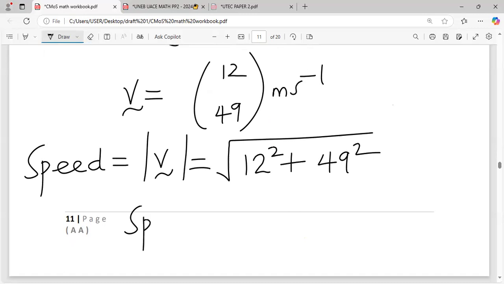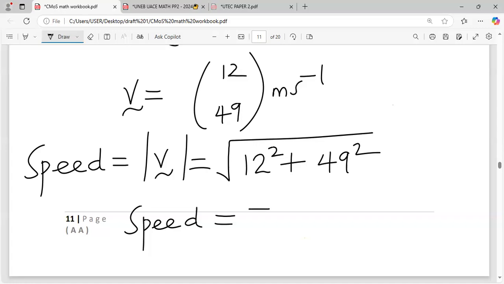So the speed shall be, let me press very fast in my calculator, root 12 squared plus 49 squared.